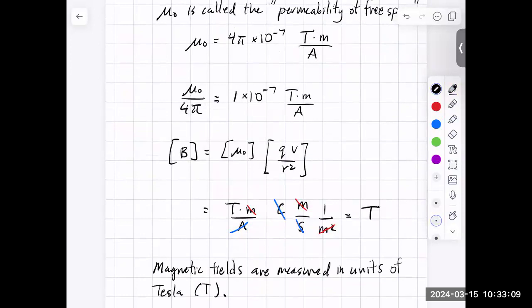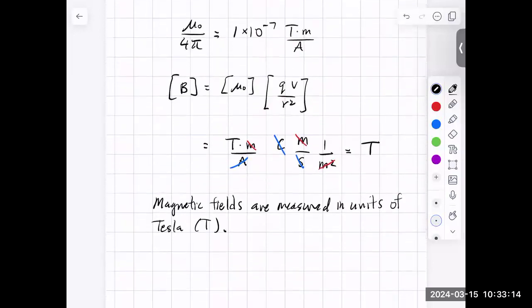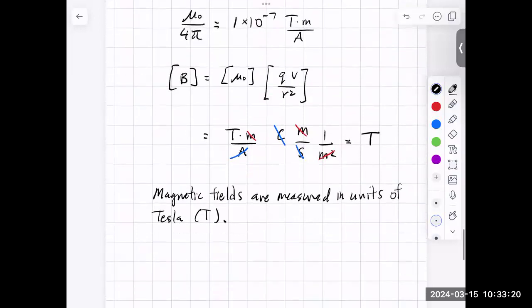I'm sure you've all heard of Tesla. I don't know actually when he was active, but like hundreds of years ago, I assume. Okay, so that is the strength of the magnetic field due to a moving charge when the charge has some velocity v.